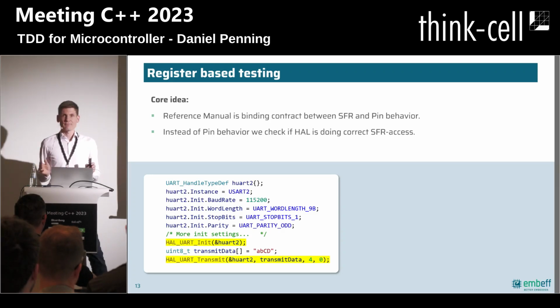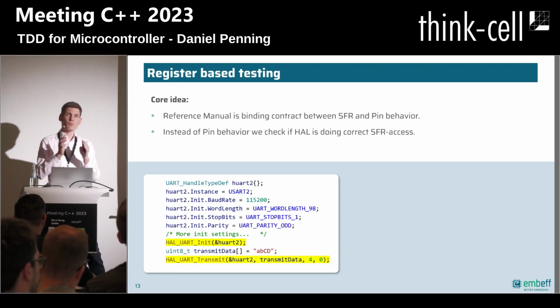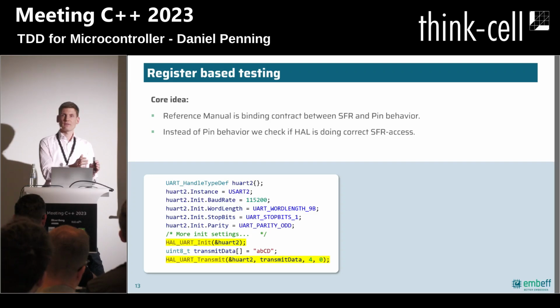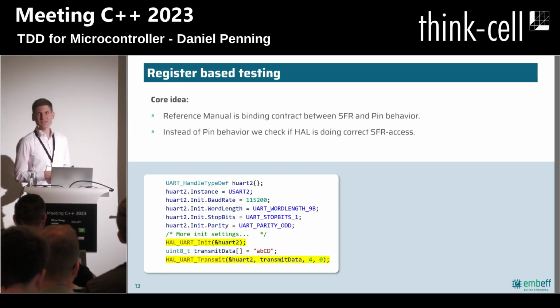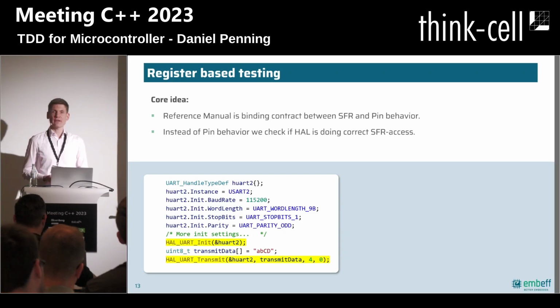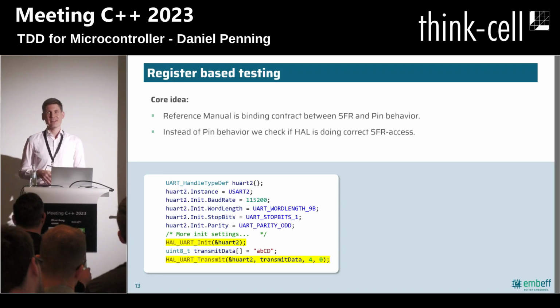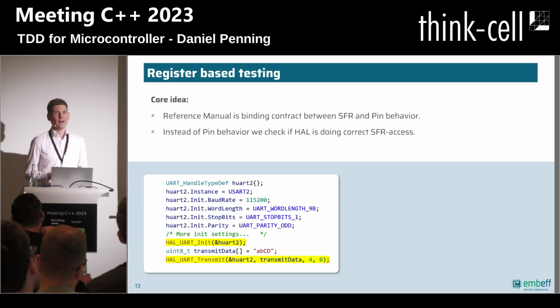It's crazily dense, yeah? But it specifies what happens if you write certain values to the registers. And the theoretical idea here is, okay, we rely on this specification, and if we do what is written in the specification, everything will work. I don't need to test it.